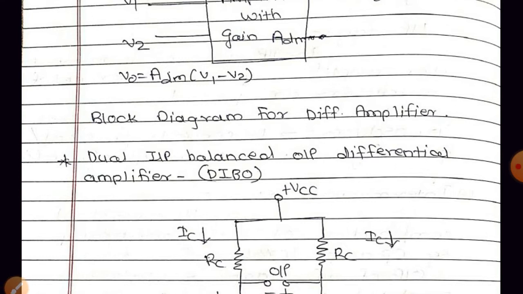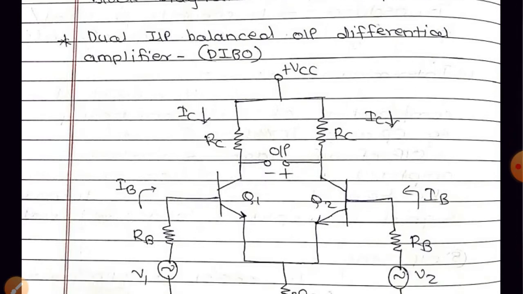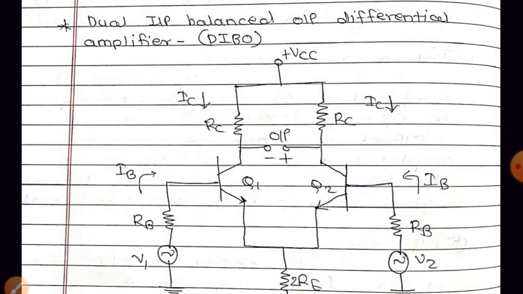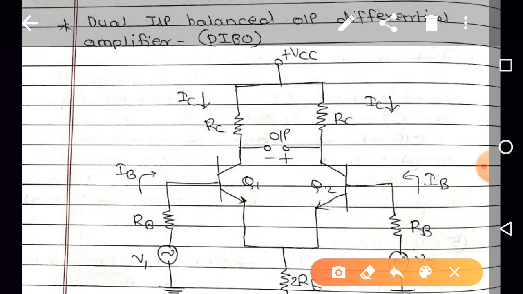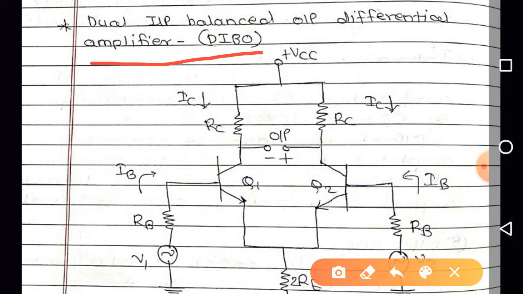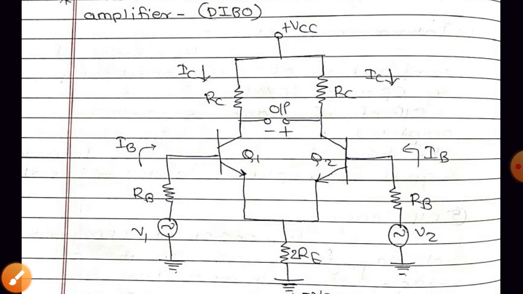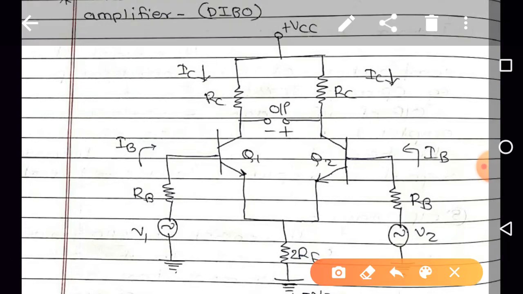First one, see the diagram of dual input and balanced output differential amplifier. This diagram is of the dual input and balanced output differential amplifier. See in the diagram, there are Q1 and Q2.